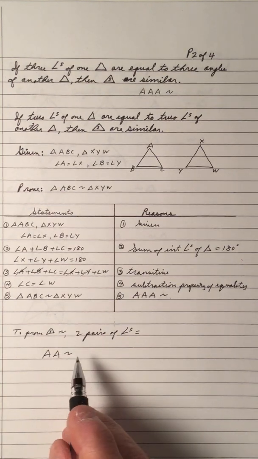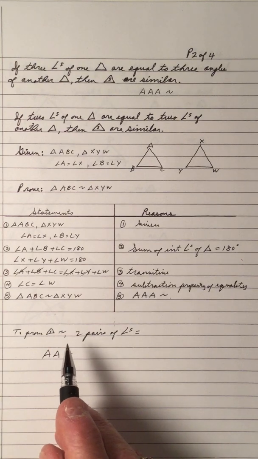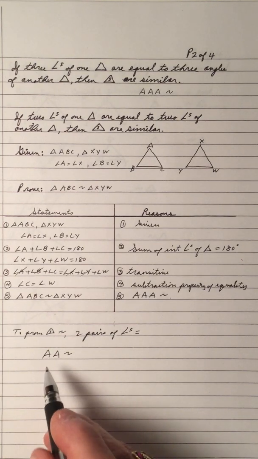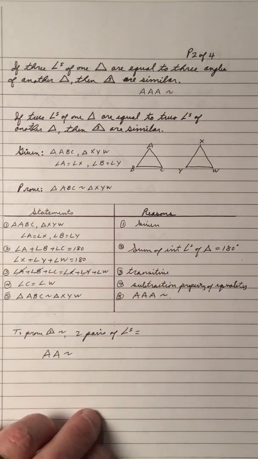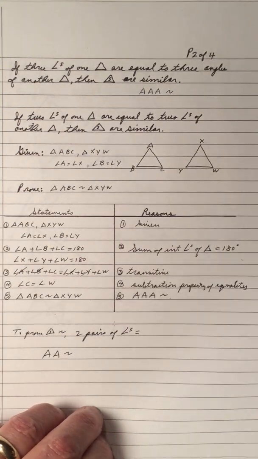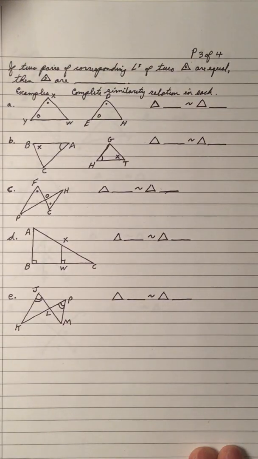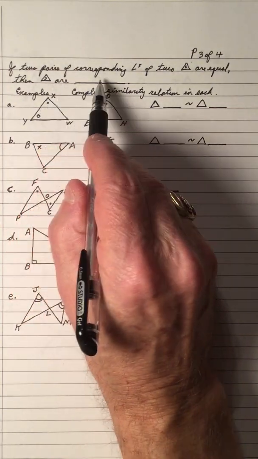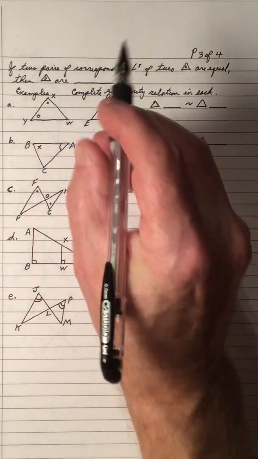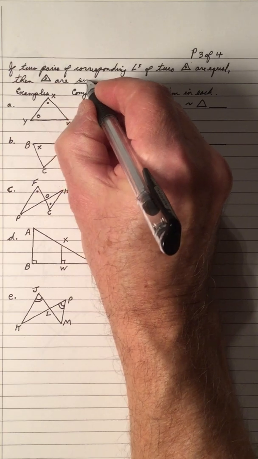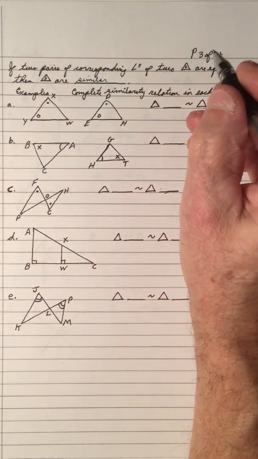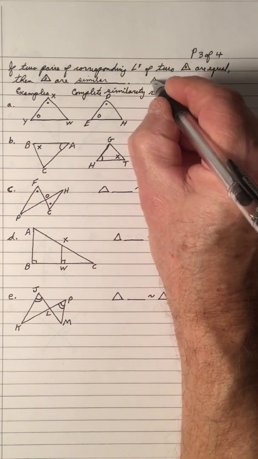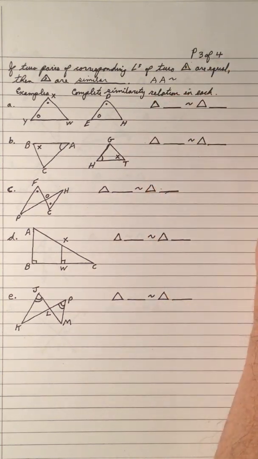So again, to repeat, if we need to prove two triangles similar, we only need two angles in each equal. And that's what we're going to dwell on, not three. Two is sufficient by AA similarity. So, let's continue. If two pairs of corresponding angles of two triangles are equal, then the triangles are similar. And this is called the AA similarity.